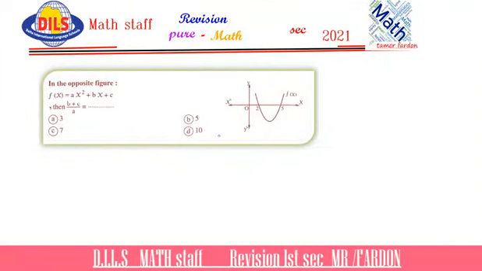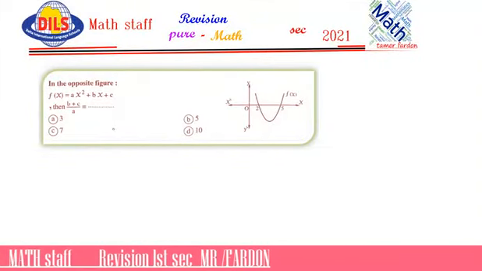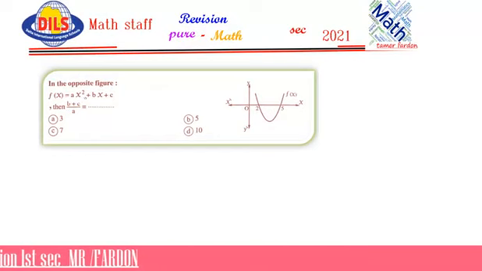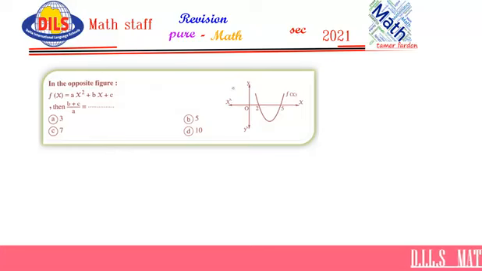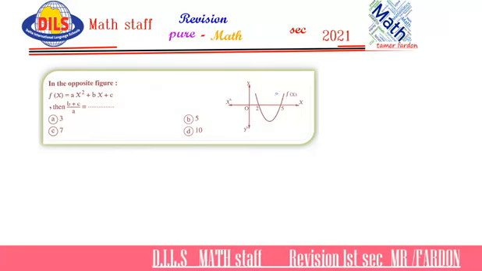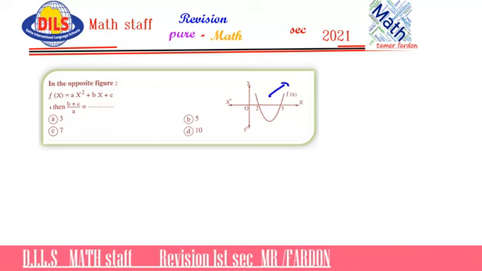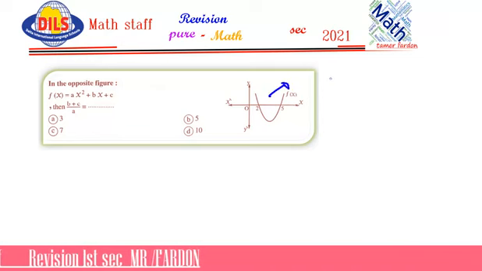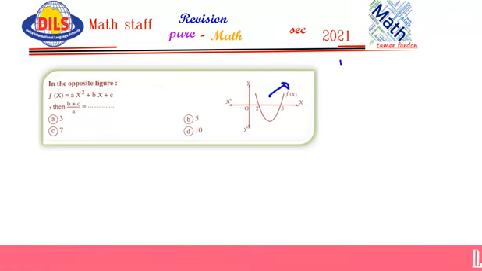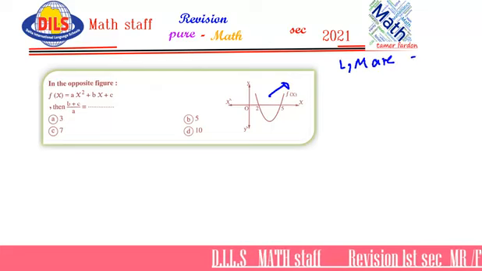Another exercise, in the opposite figure, f(x) equals ax squared plus bx plus c. Then b plus c over a equals what? From the graph, we find that the two roots of the function, L and M, are 2 and 5.